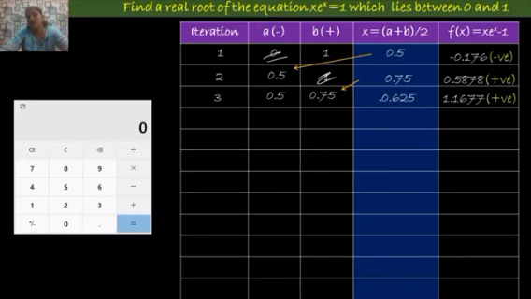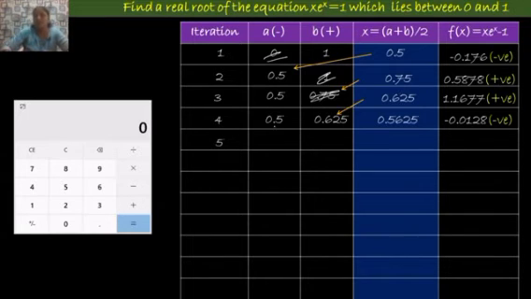At this point f(x) is positive, so again you replace b, that is 0.75, by 0.625, and adding and dividing by 2 you get 0.5625. At this point you get a negative value. So in the fifth iteration, you replace a, that is 0.5, by 0.5625.